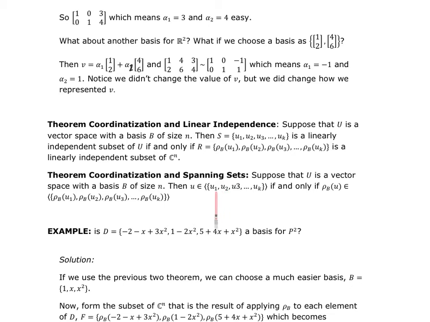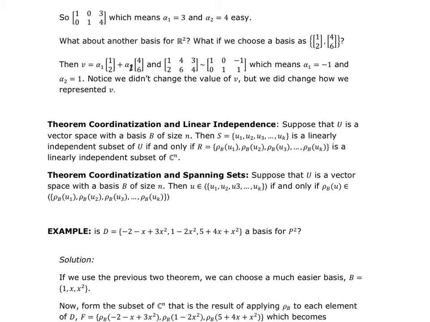So here's my basis of u1 to uk, and u will be an element of the set spanned by this basis if and only if, when I do this function, it will also belong to the span after I've applied the function on the u1, u2, to uk.